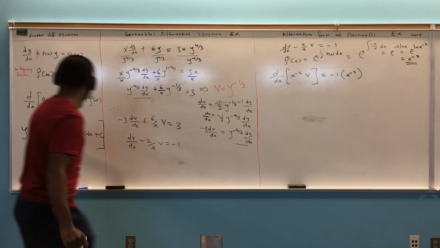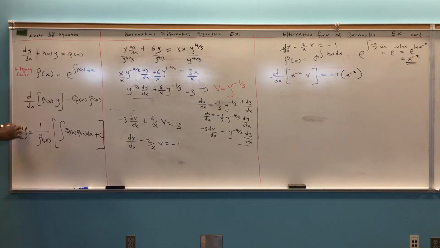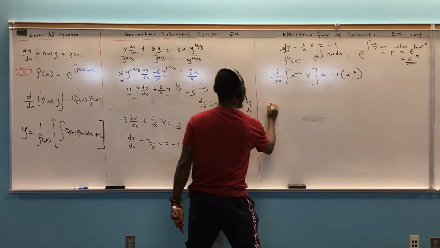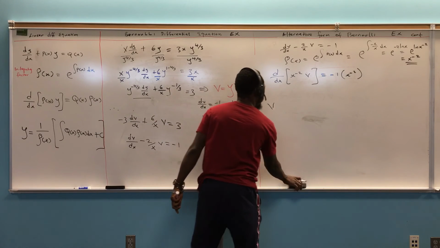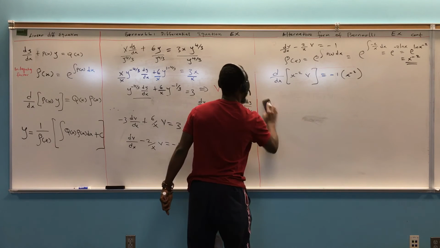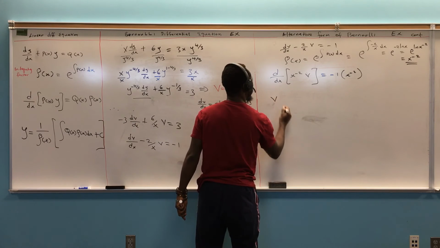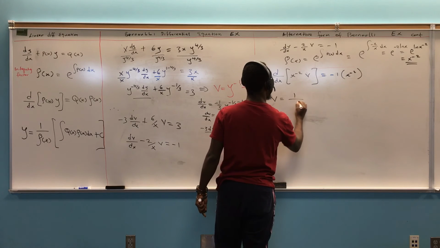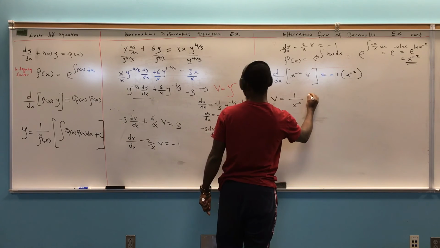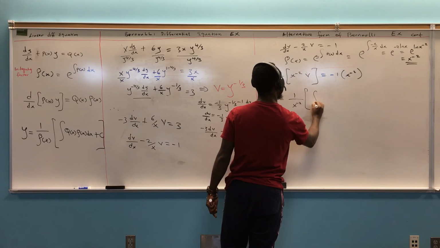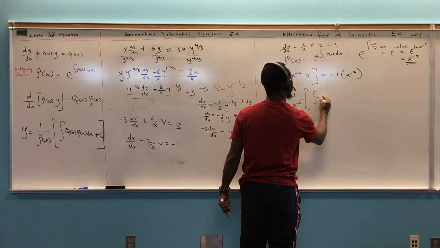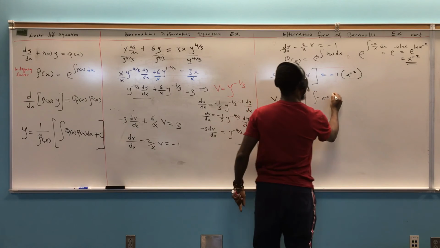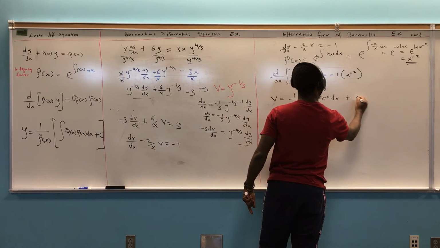Integrate both sides. This is what you have. So I could have just used this last expression, but the left-hand side will be v. So we have v is equal to 1 over integrating factor, into the integral of minus x to the minus 2 dx plus c.